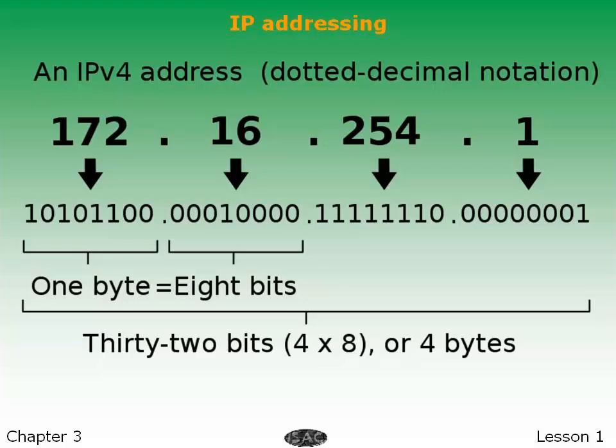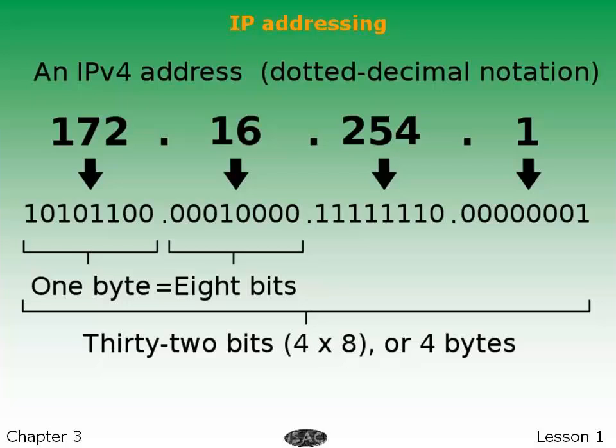An IPv4 address consists of 32 bits, which limits the address space to 4,294,967,296 possible unique addresses. Oh, it's too big.